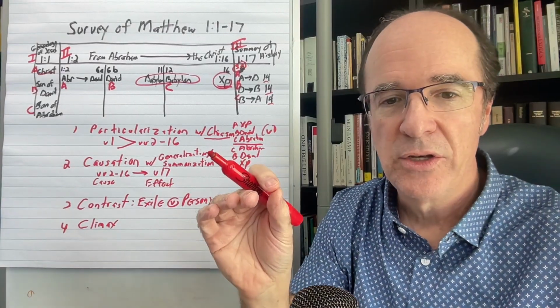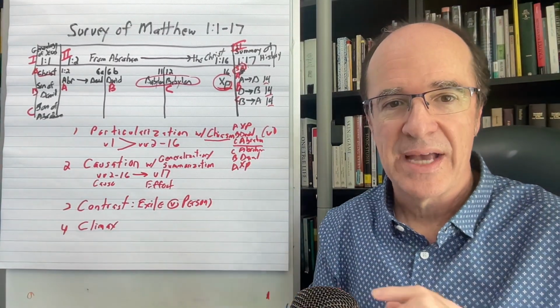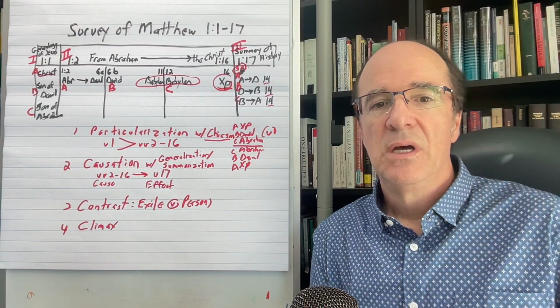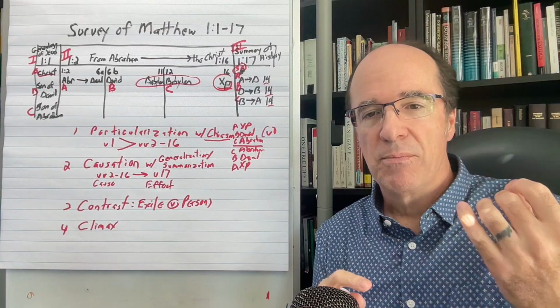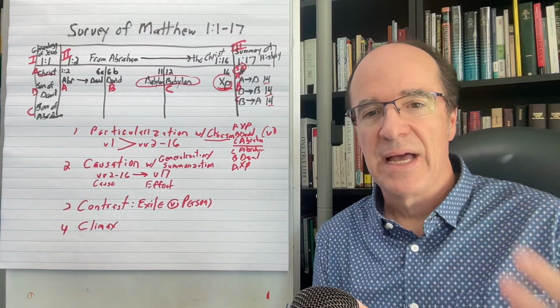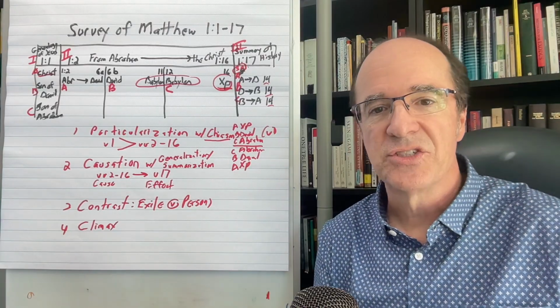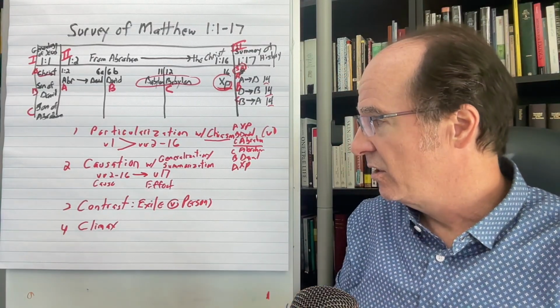But we also want to note a little bit about the contrast here, because verse 16 records the birth of Jesus as well, and the manner of the birth itself, as well as the amount of the space devoted to it, places it in contrast to the rest of the genealogy.